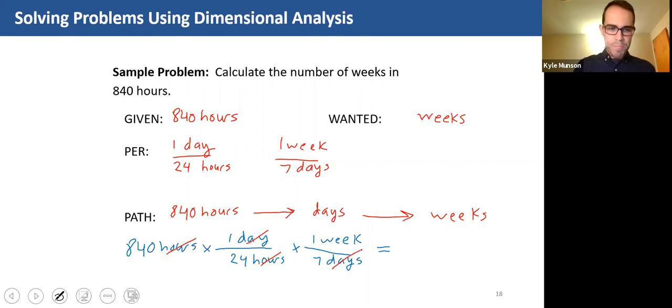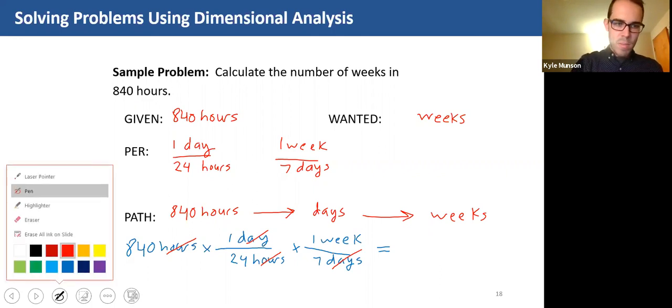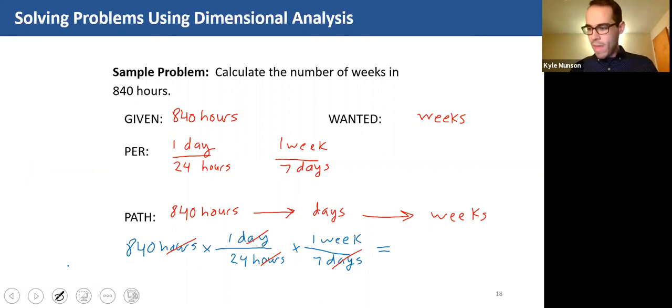So this is a sign that we did it correctly. We're not going to end up with a weird unit like a week squared day or anything. We're left with only weeks. Okay, so we know we at least set up the problem right. Now it's a question of just putting it in our calculator. And when I did that, I got 5 weeks.